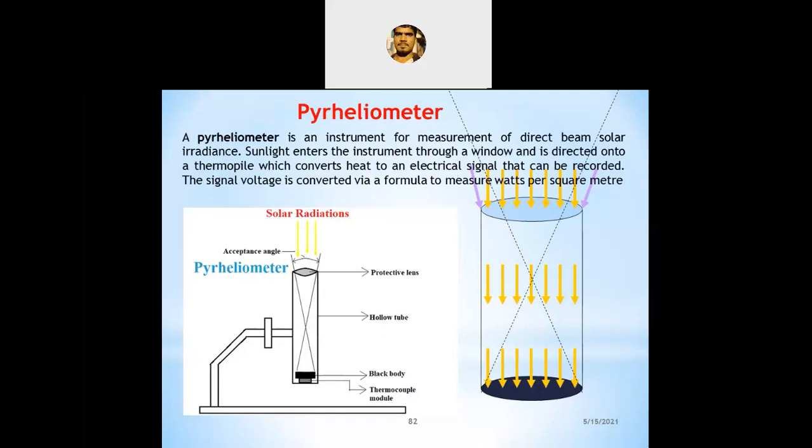pyrheliometer. In contrast to the pyranometer, the two are similar. The only difference is that here we are not using any shading rings. Those shading rings are used to filter out the diffuse radiation.